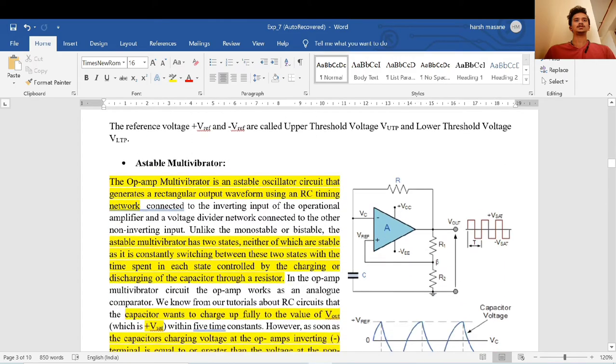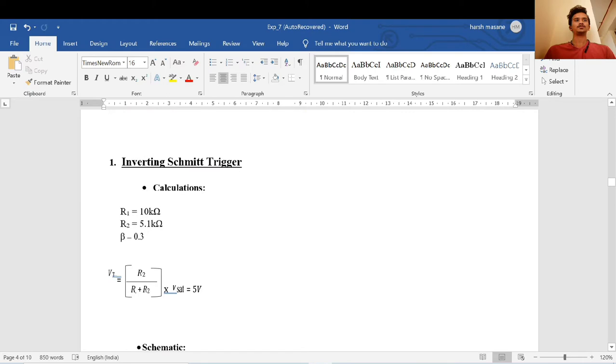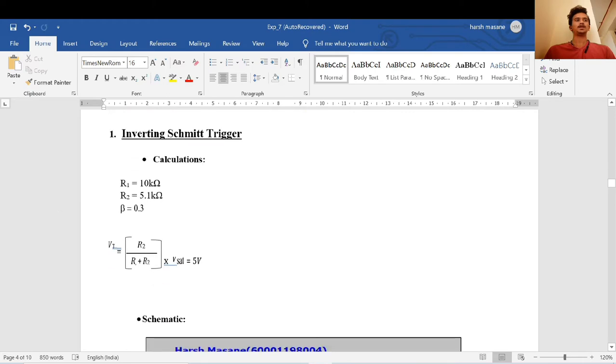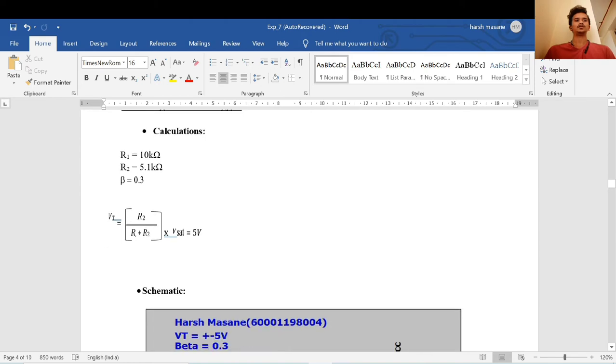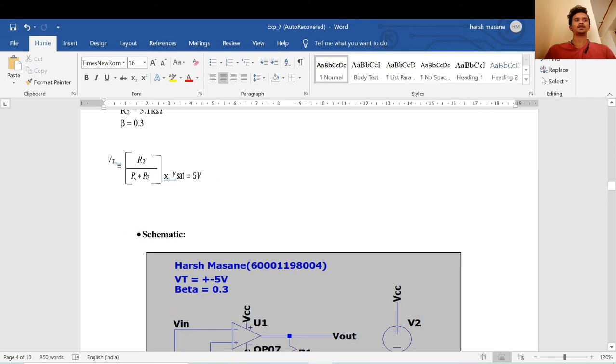Let's see the calculation for it. I am taking R1 as 10 kilo ohm and R2 as 5.1 kilo ohm, so my beta will be 0.3. So my threshold voltages, the upper and lower, will be plus minus 5 volts.